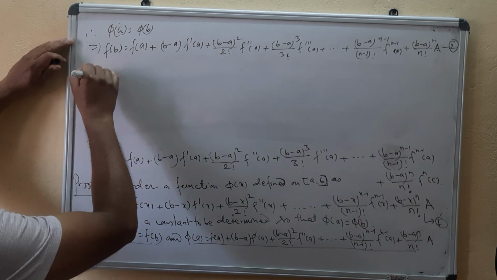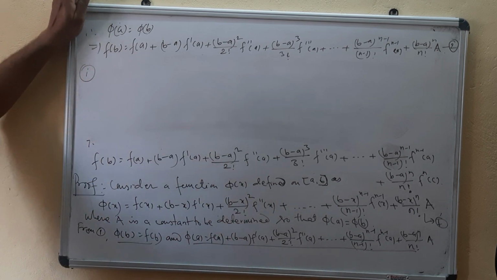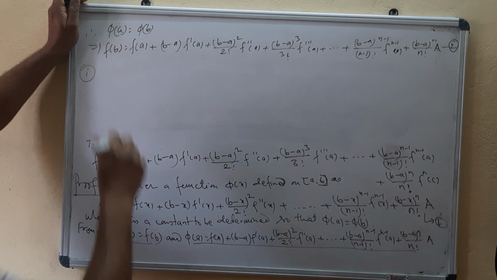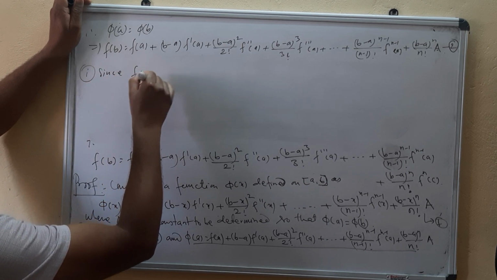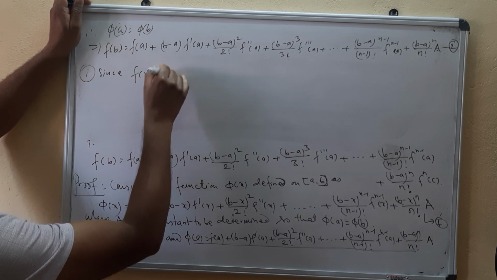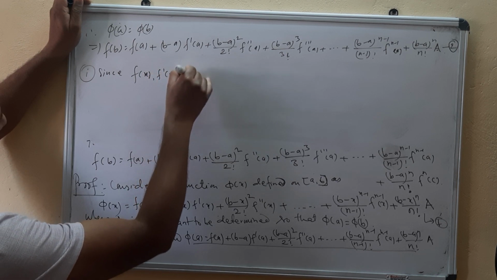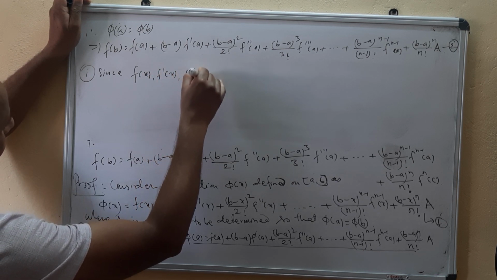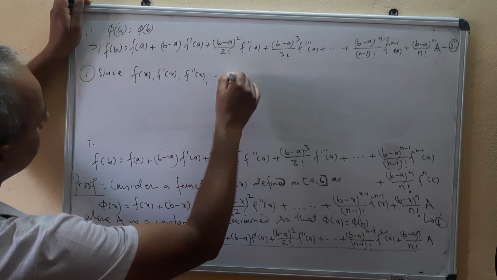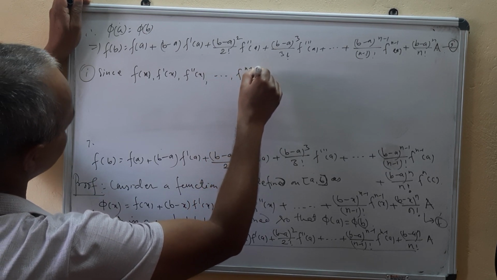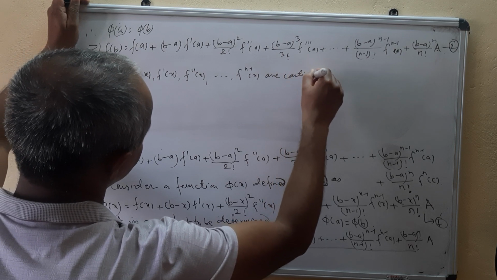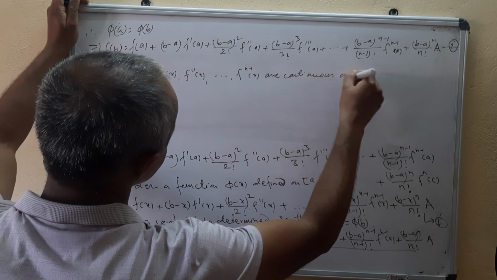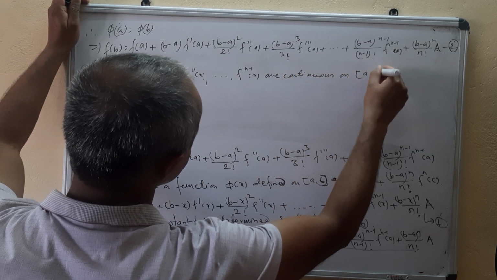Number 1, we have been given that all these functions, f(x), f'(x), f''(x), up to f^(n-1)(x), are continuous on the closed interval [a, b].